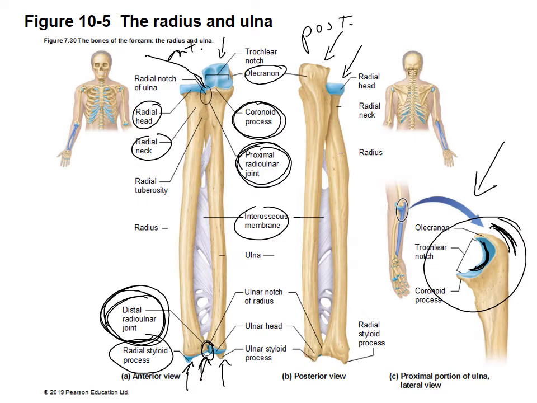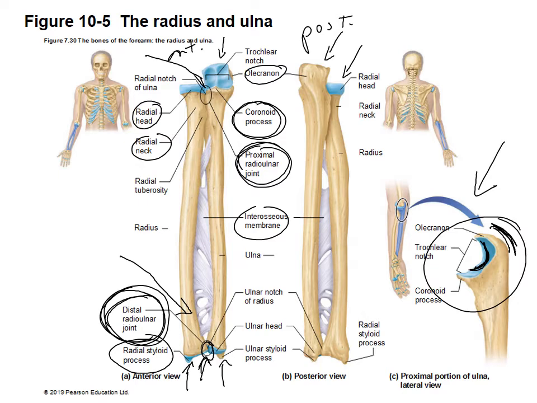So anyway, the interesting part about the radius is this part down here is very flat, and it's a ski slope kind of look to it. So it's flat and it curves anteriorly, forward, and so it makes it very distinctive as to which side is anterior on the radius.